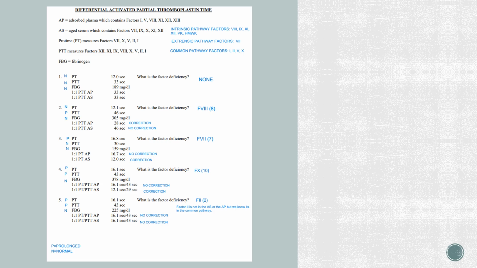And then the PTT is going to measure 12, 11, 9, 8, 10, 5, 2, and 1. So again, those last four are associated with the common pathway. And we also have prekallikrein and high molecular weight kininogen.